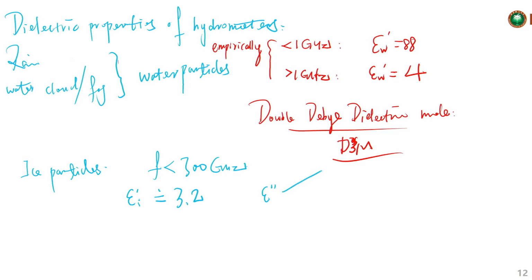We try to use the double Debye models, which we should concentrate on, and I'm going to introduce them later. So these are the theoretical models for the water particles and the ice particles. And why do we want to introduce ice particles? Because we want to later concentrate on the snowflakes.